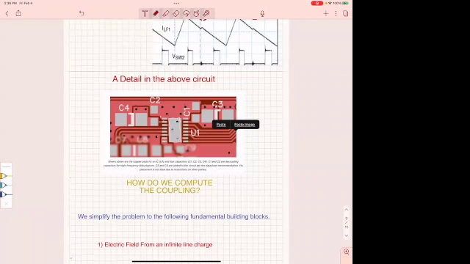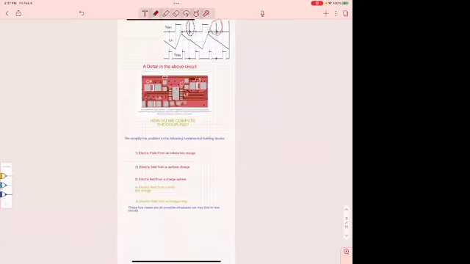For an infinite large planar surface, the electric field that is produced is constant as you move away from the surface. If it's a line charge, it goes as 1 over the distance. If it's a finite 3D charge, it goes as 1 over the distance squared. So you remember that as we try to solve this problem.